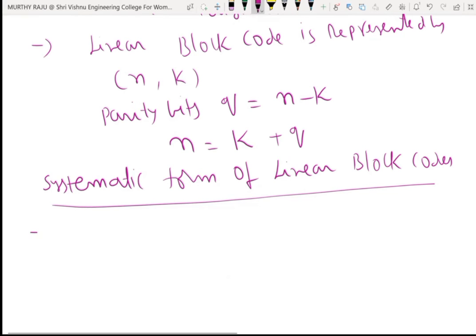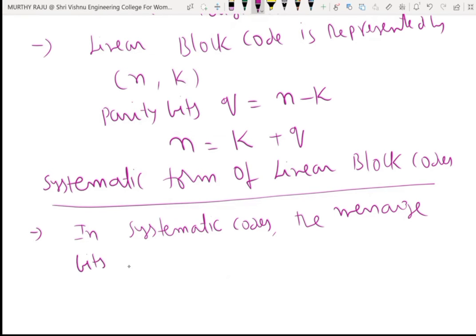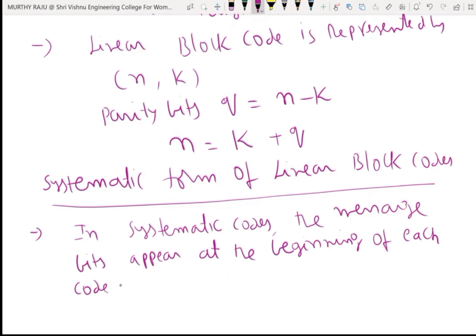In systematic codes, the message bits appear at the beginning of each code word, followed by the parity bits. That is the definition of systematic codes.